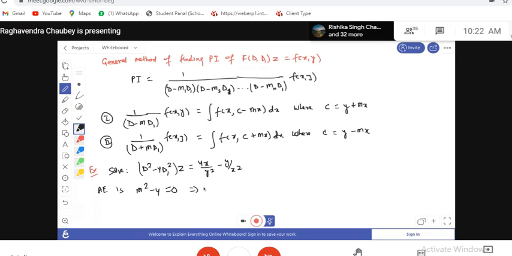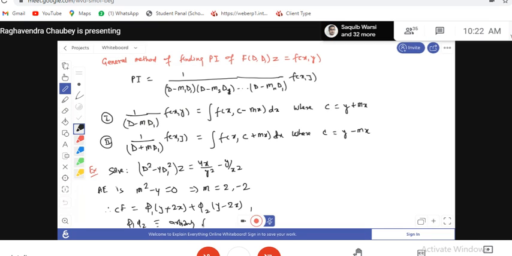So this implies m equals plus 2 and minus 2. Therefore, the complementary function is phi1 of (y plus 2x) plus phi2 of (y minus 2x), and here phi1 and phi2 are arbitrary functions.